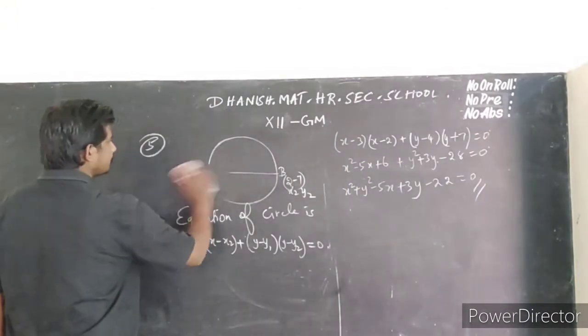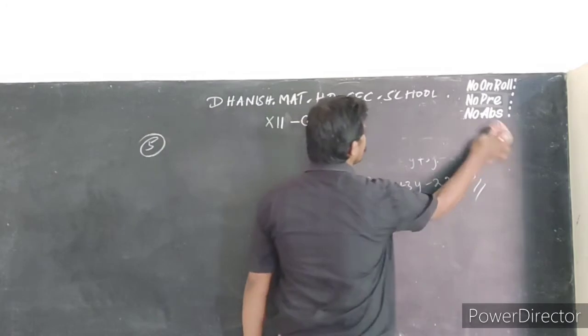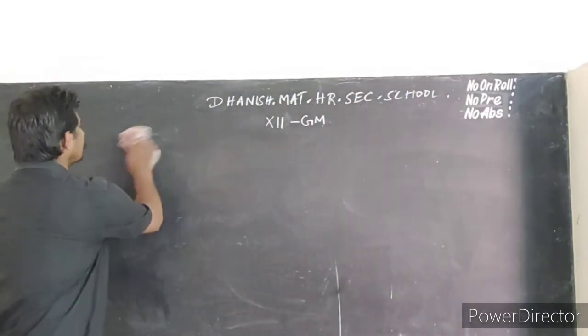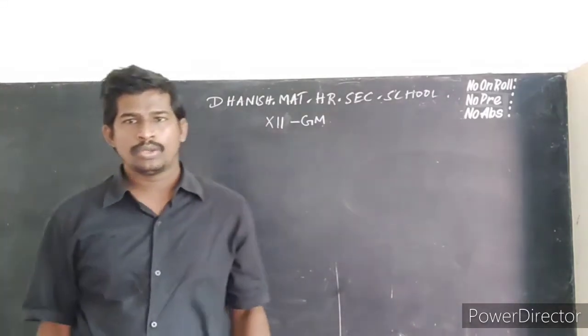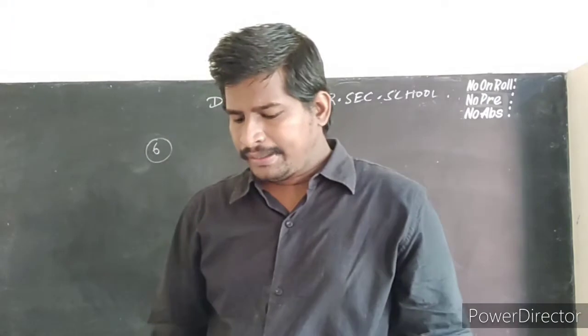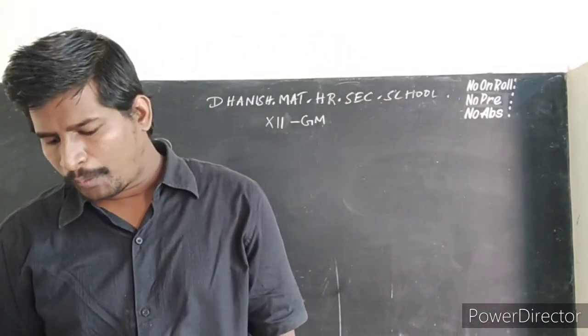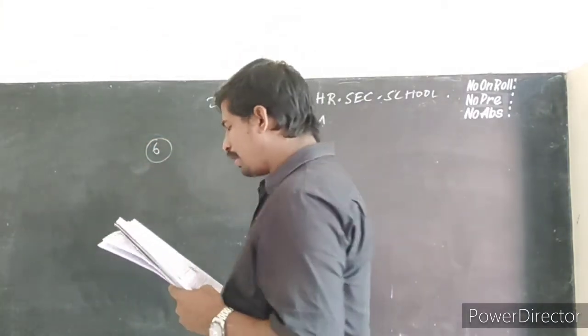Then look at the sixth one. Find the equation of the circle through the points (1, 0), (−1, 0), (0, 1).